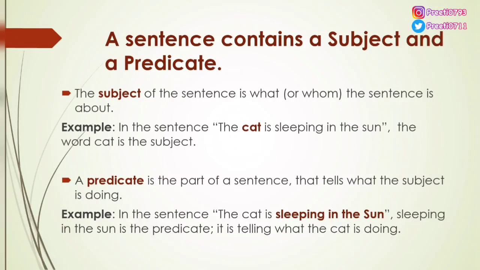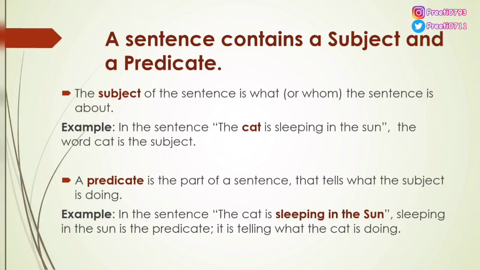Now further talking about the composition of a sentence, it says that a sentence contains a subject and a predicate. So it means that there are two parts in a sentence. One part is the subject and the other part is the predicate. Talking about the subject first, it says that the subject of the sentence is what or whom the sentence is about.